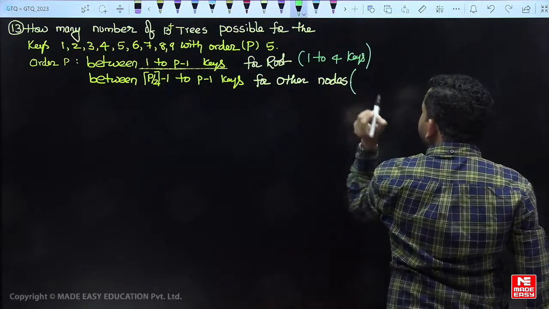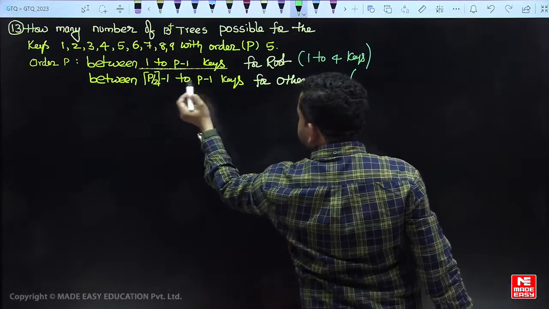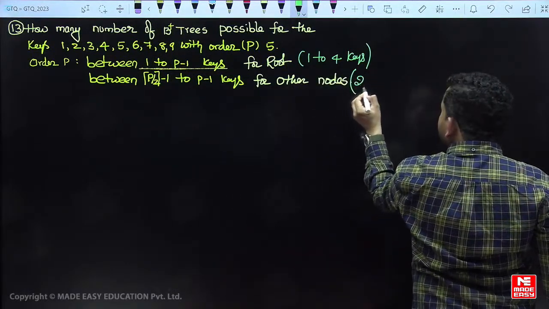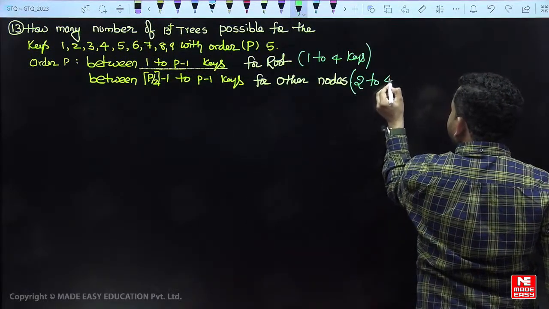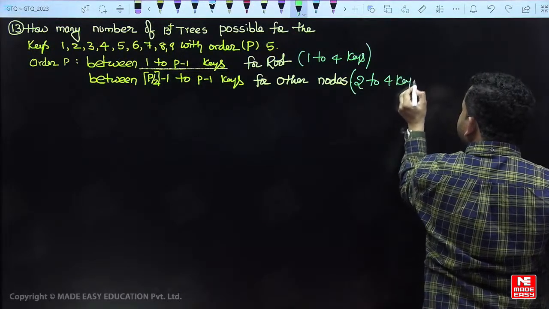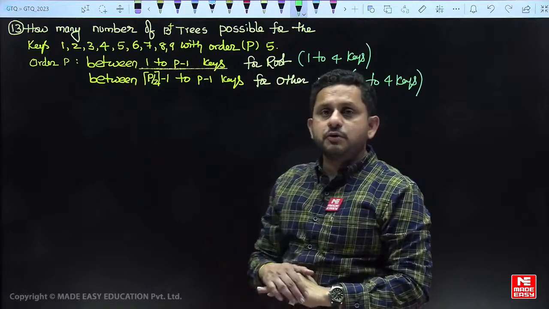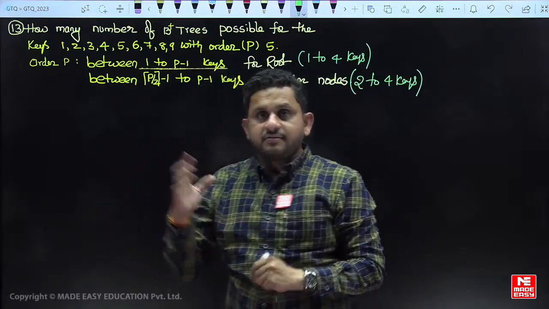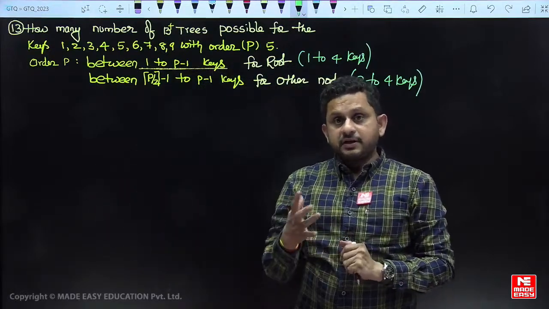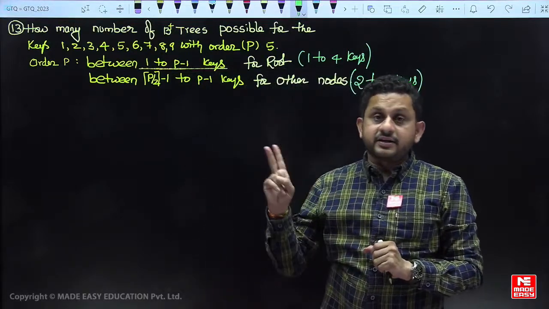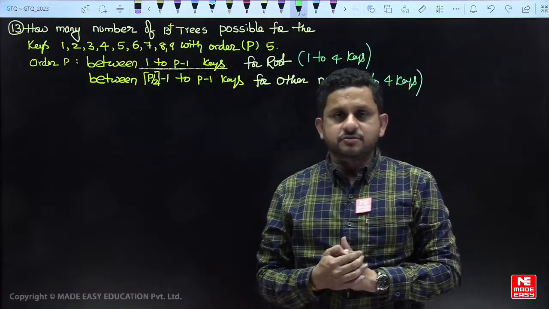For other nodes, ceil of p by 2 is 3, minus 1, so minimum 2 and maximum 4 keys. Then with a total of 9 keys, how many possible B plus trees? It may be a little time consuming, so let's take 2 minutes and try it. Otherwise I will explain this question.